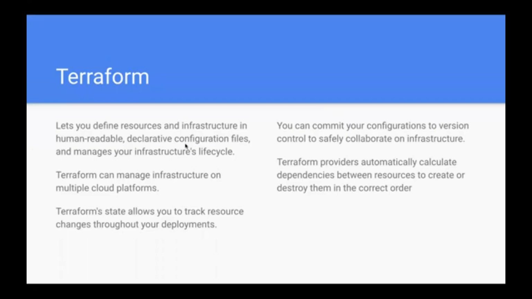Terraform is one of the most widely used infrastructure as code tools or technologies for infrastructure deployment across cloud platforms. Terraform allows you to write your configuration in human readable format, and it will manage your infrastructure lifecycle. So you just have to write your configurations in HashiCorp language, that is HCL.